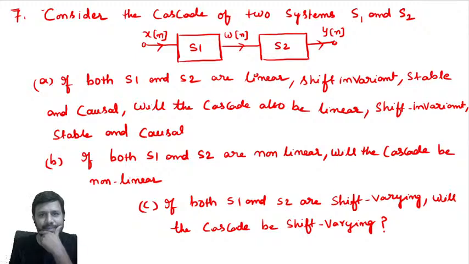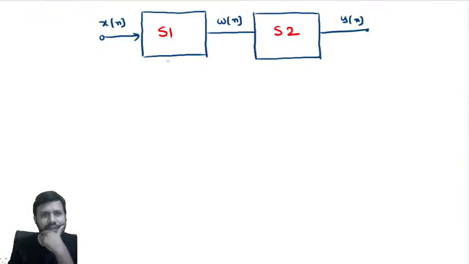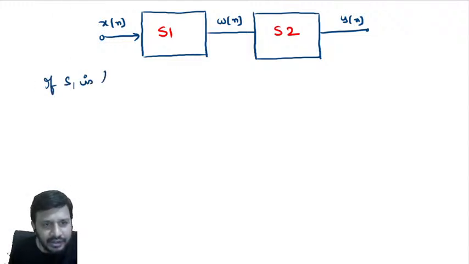What is it asking? Look here, suppose S1 is linear. Both the systems are linear.